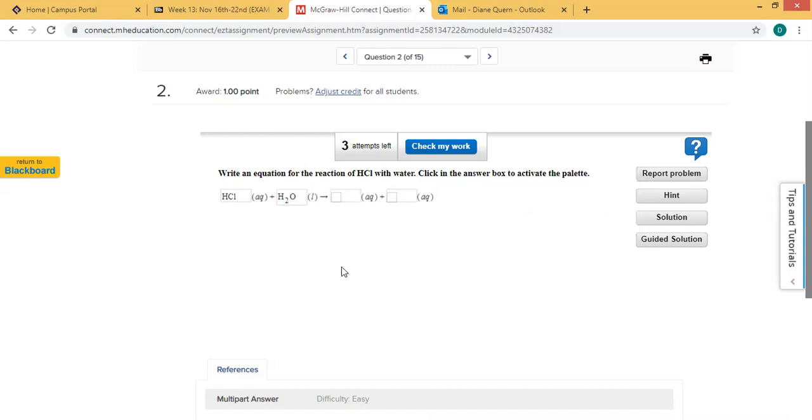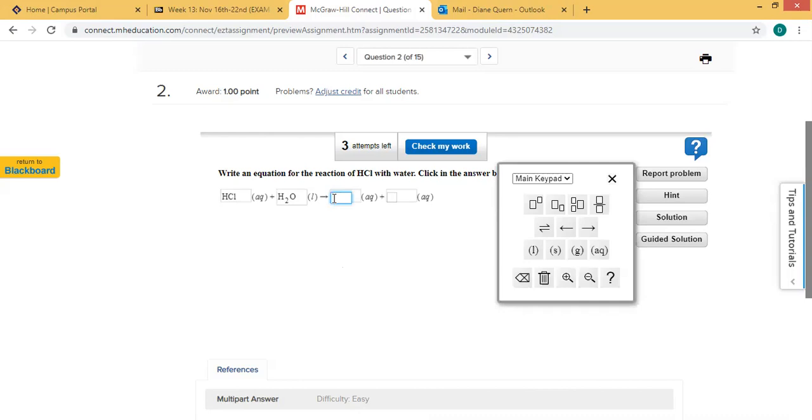So what's going to happen when we react HCl with water? Well, HCl is going to be the acid, so it's going to donate a proton to the H2O, and then the Cl- is going to be paired up. So what would the answer be for this? We have H3O+.